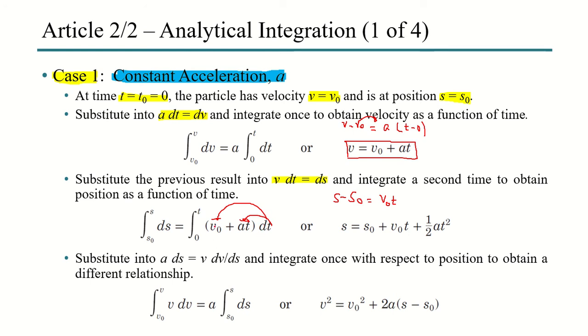Integral v sub 0 is a constant, integral of dt is t. So that's why we have v sub 0 t. Then plus, we have here a t dt. So integrate that one. a is constant, so isolate a. Then integral of t dt is t squared over 2. So that's why we have 1/2 a times t squared.